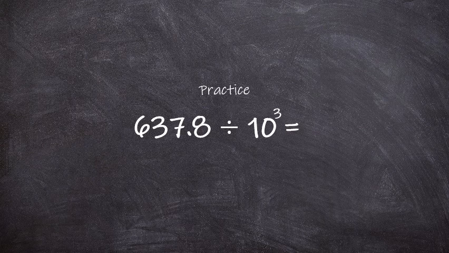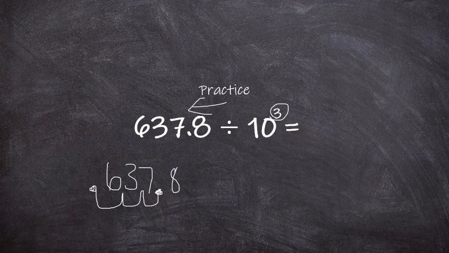Let's work it out. 637 and 8/10. And I'm going to move my decimal point 3 places to the left. So let's move it. 1, 2, 3. And remember, wherever there's a blank, you want to put a 0. So in this case, we're going to put 0 in front of our decimal point. 0.6378. If you got that, you are exactly correct.